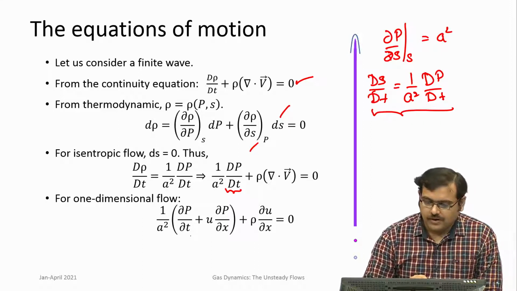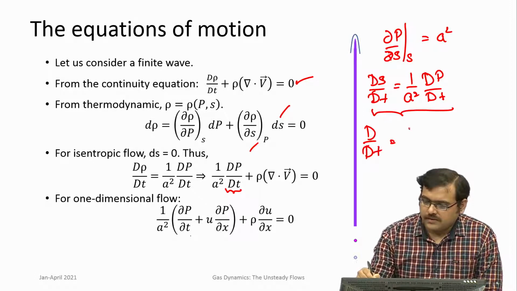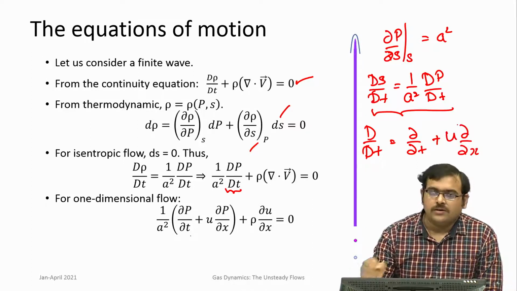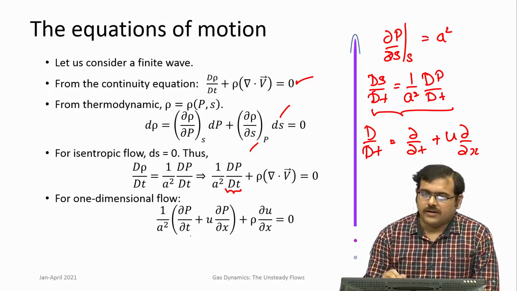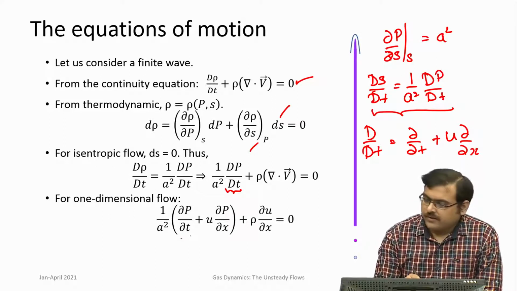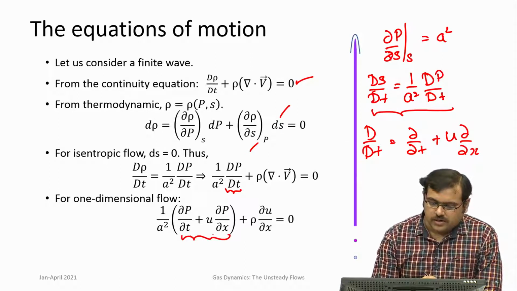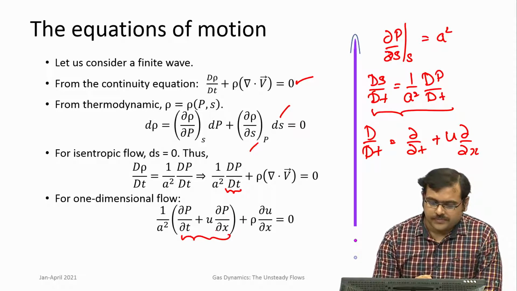So for a one dimensional flow, d by dt, the material derivative is dou by dou t plus u dou by dou x, where u is the velocity in x direction. So you can write the material derivative of pressure as dou p by dou t plus u dou p by dou x, and plus rho dou u by dou x.